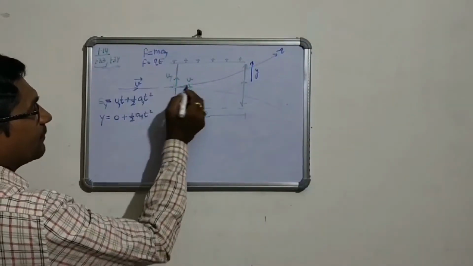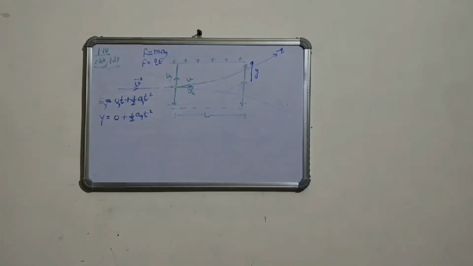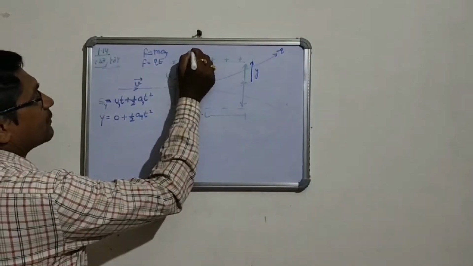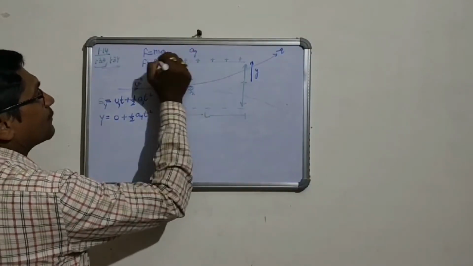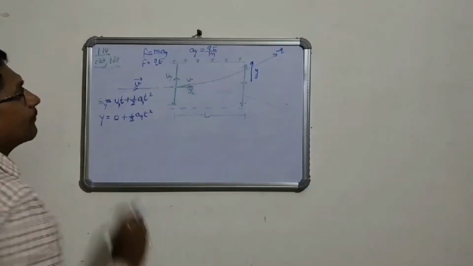The Vx component is constant, that's why there is no acceleration along the x-axis. The only acceleration is along the y-axis. So May equals QE, so Ay equals QE by M.